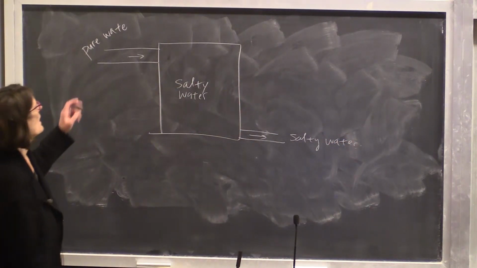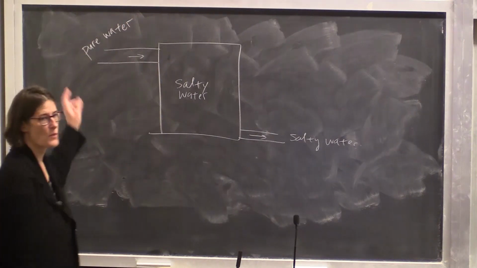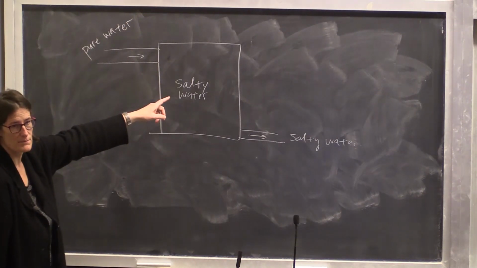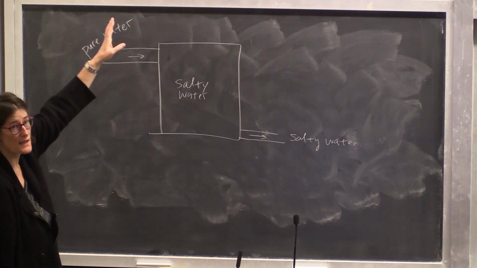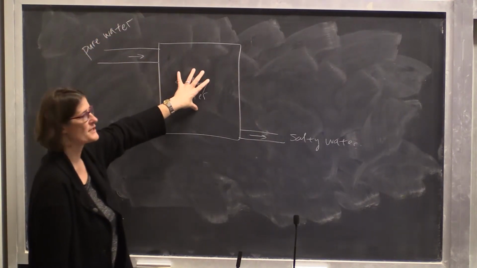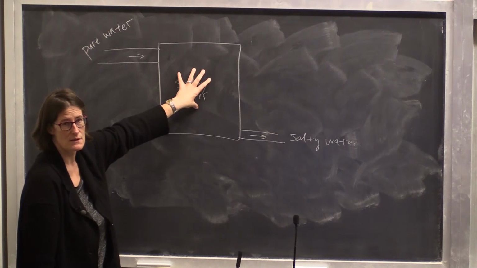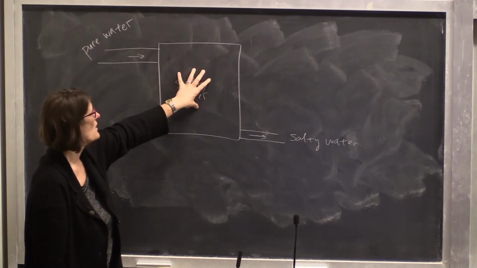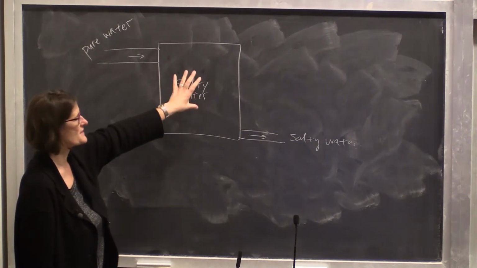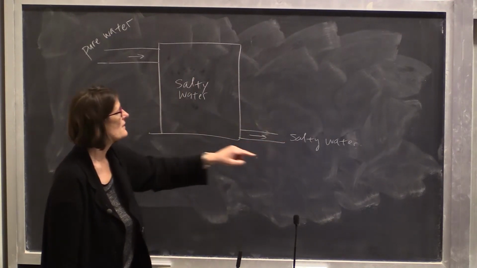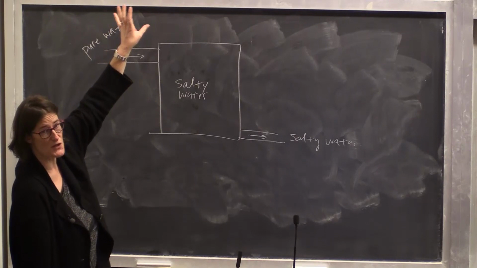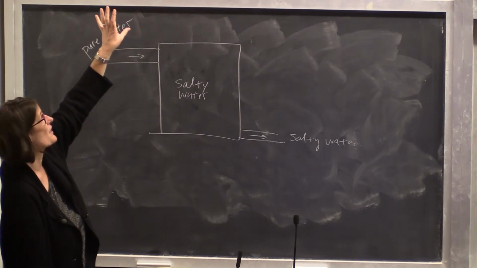Now, as time passes, more and more pure water will have come in. So however salty the water was in the beginning, as time passes, the water in here should become less and less salty. So the more time passes, the more pure water has come in, the more salt will have flown out, because you start with only so many saltwater particles in the water.